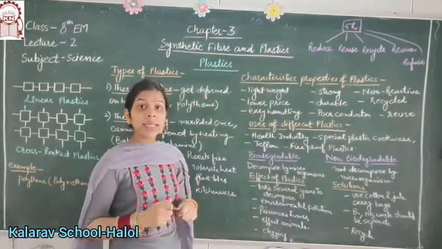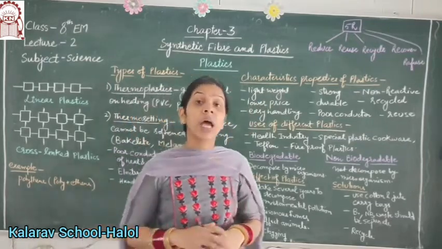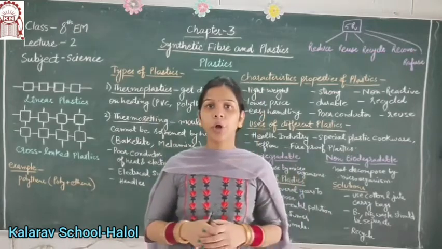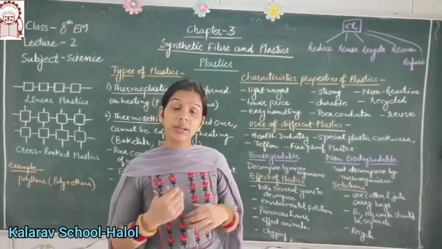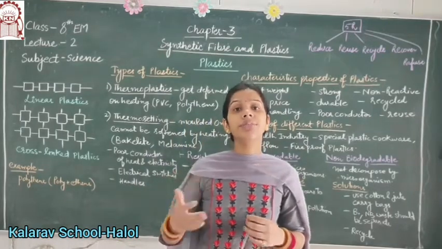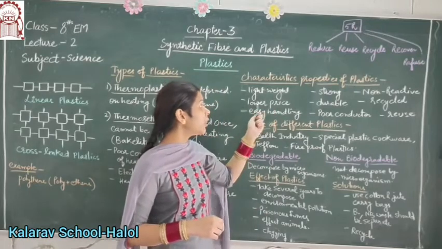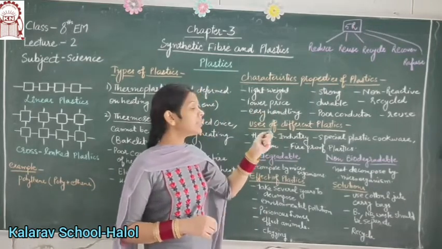Next are the characteristic properties of plastic. Plastic has a vast variety of properties, and due to these properties they are used in different types of items. Number one, they are lightweight, low priced and easy to handle.